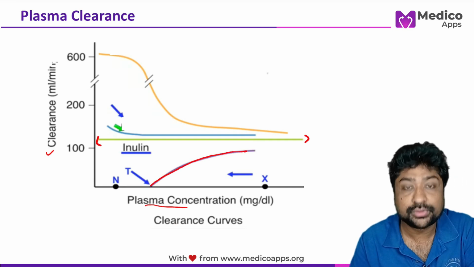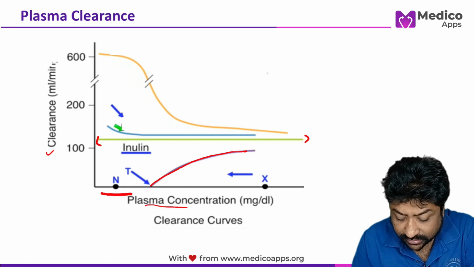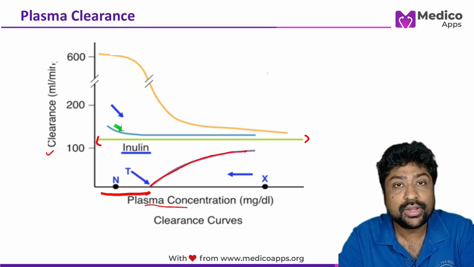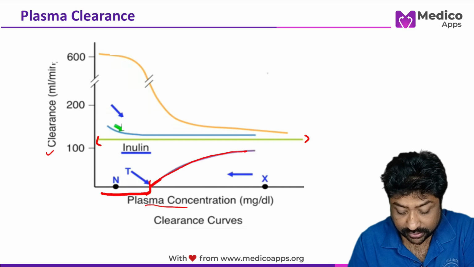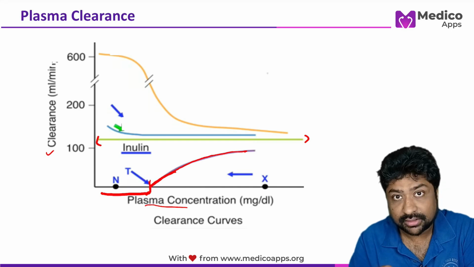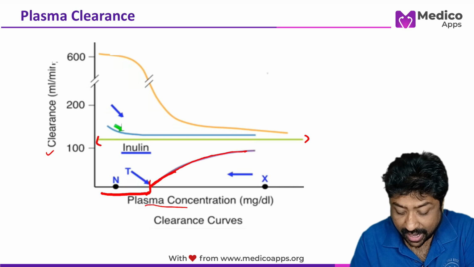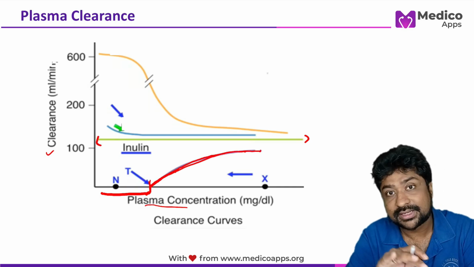Here you are going to see that at lower concentrations there is no renal clearance, but as the plasma concentration increases beyond a point, the substance is excreted in urine, and after a point it becomes stable.